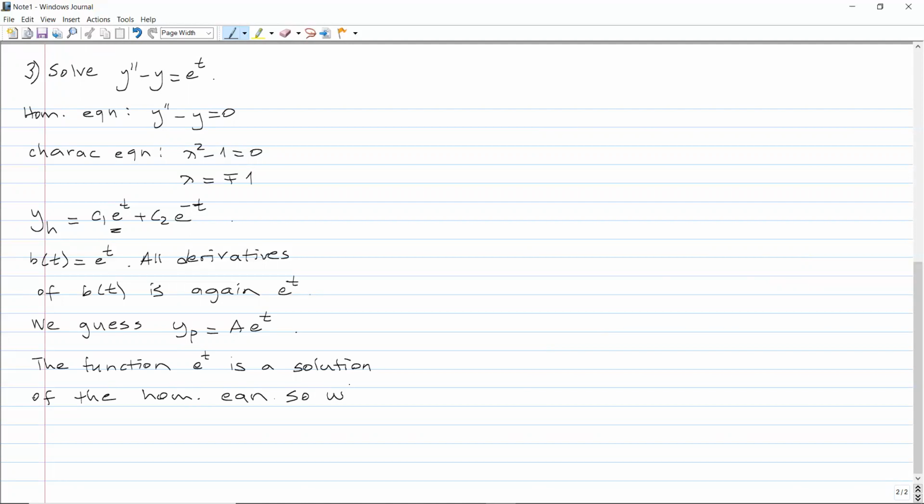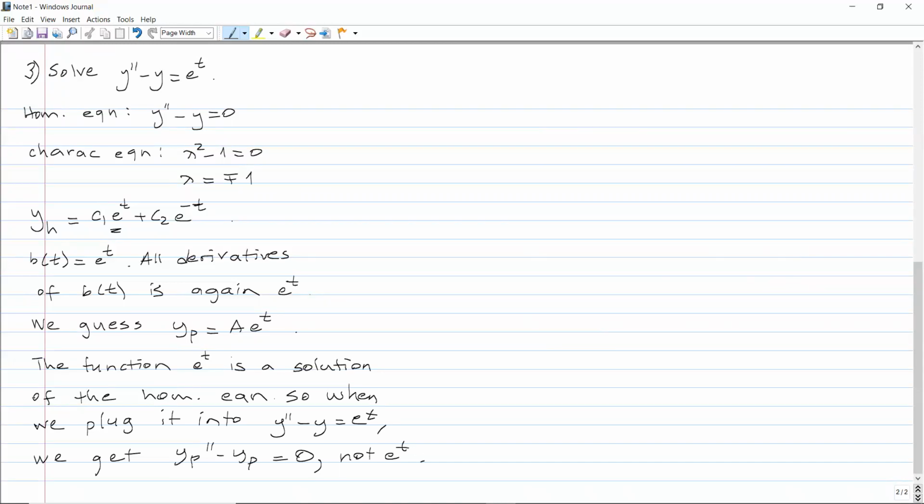So when we plug it into y double prime minus y equals e to the t, we get yp double prime minus yp equal to 0, not e to the t.